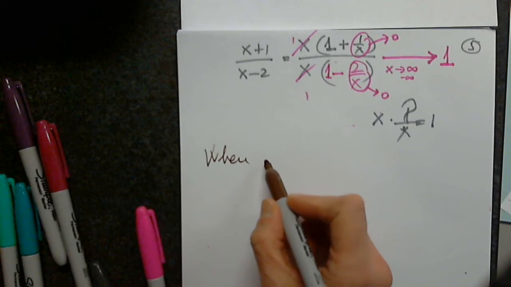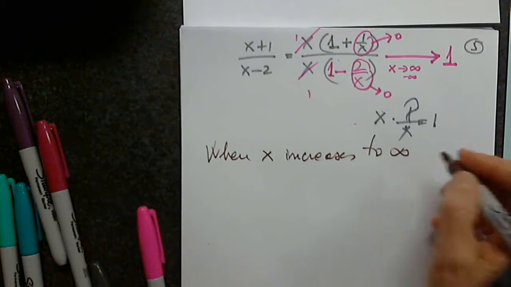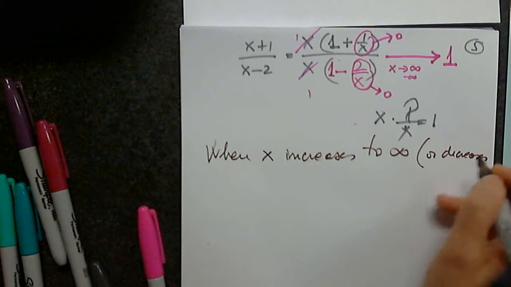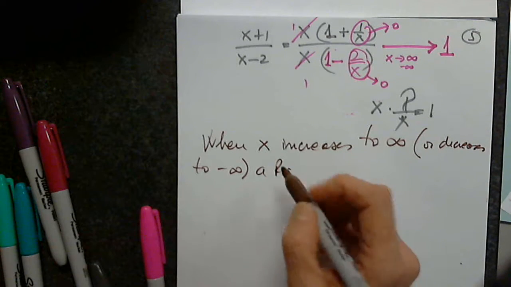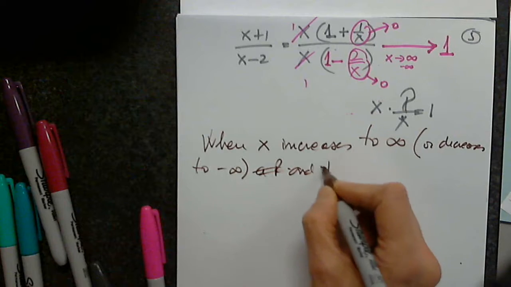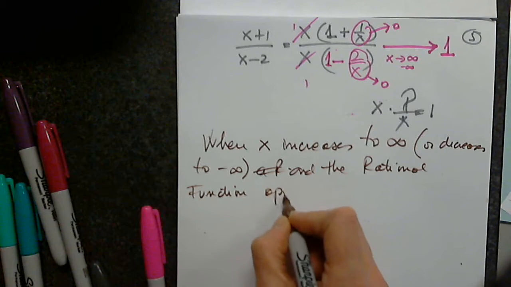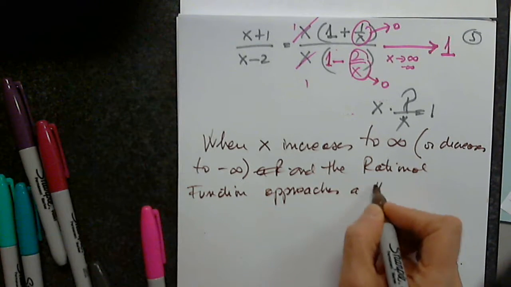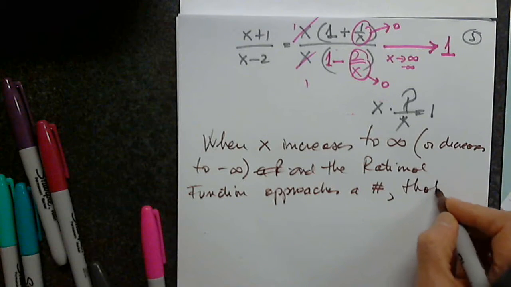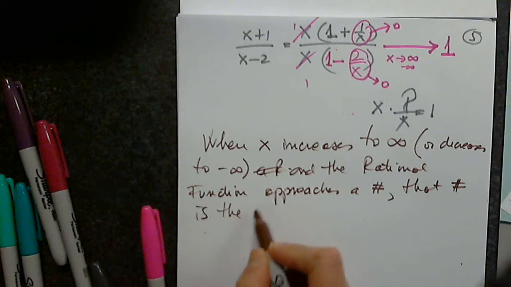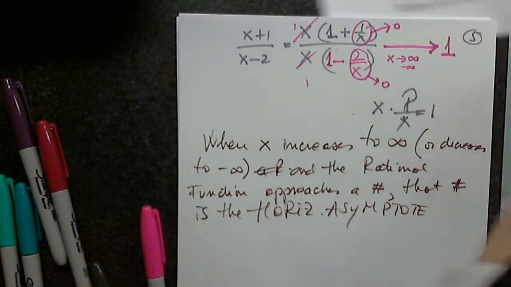When x increases to infinity, and I'm going to write in parentheses, or decreases to negative infinity, a rational function approaches a number, not infinity, a number, comma, that number is the horizontal asymptote and the function's end behavior.